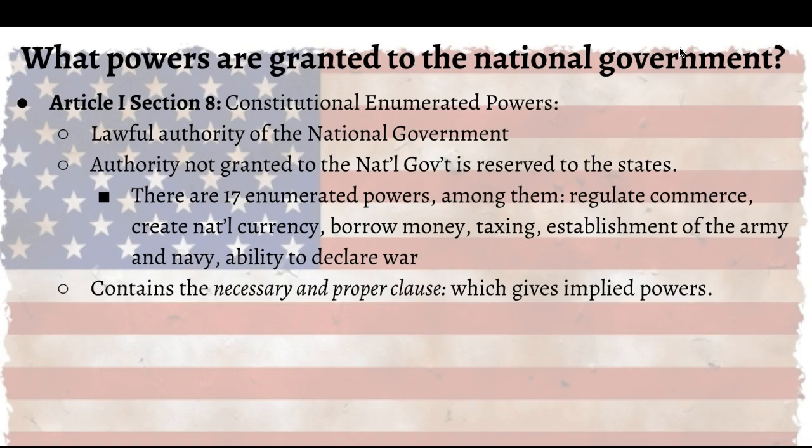It's not something that is listed, but we can use our powers of reasoning to utilize a different power in any way necessary to perhaps enforce one of the laws that are enumerated.